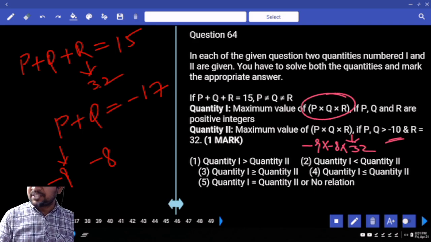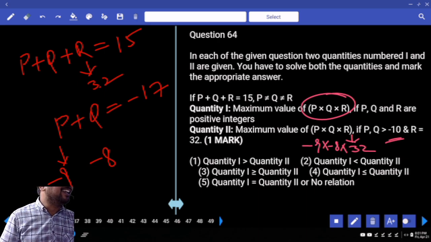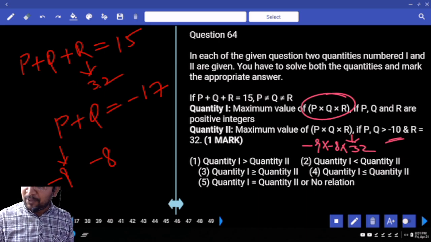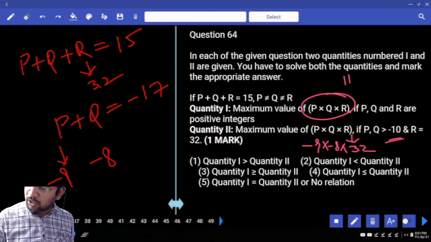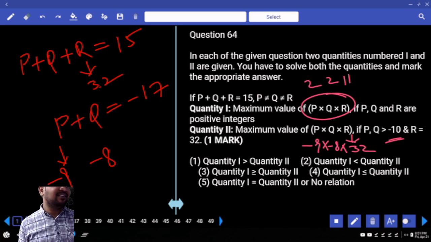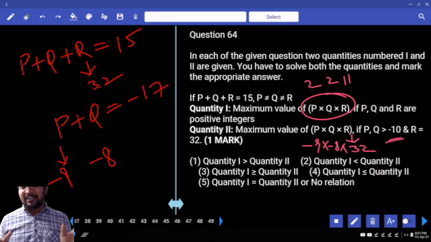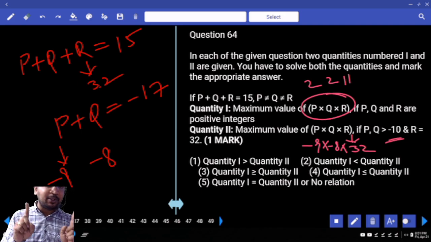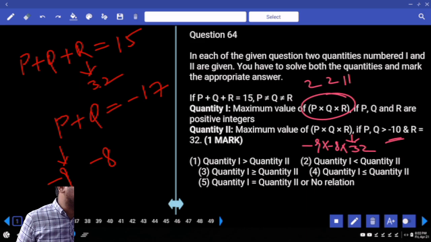But if you go for the first equation, P, Q, R together sum is 15 only. You may get Q value is, say for example, 13 or 11, R value is 11, Q value is 2, P value is 2. Is it possible? Then you can say confidently, by seeing the numbers itself, quantity 2 is more than quantity 1.